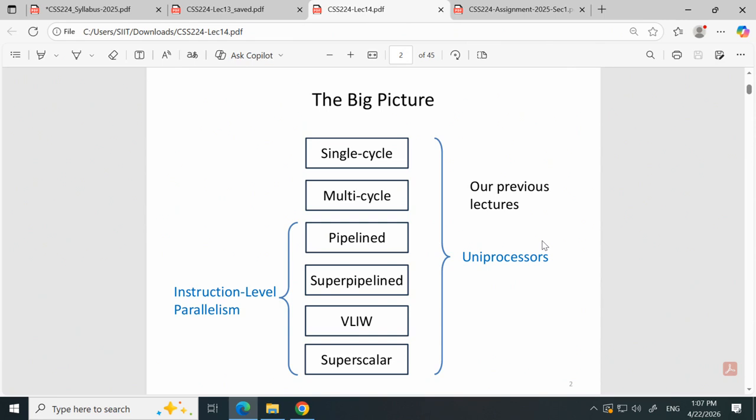Of course, they use the multi-issue concept. Compiler, very good. This computer uses the compiler to reorder instructions. Why do they need to do that?